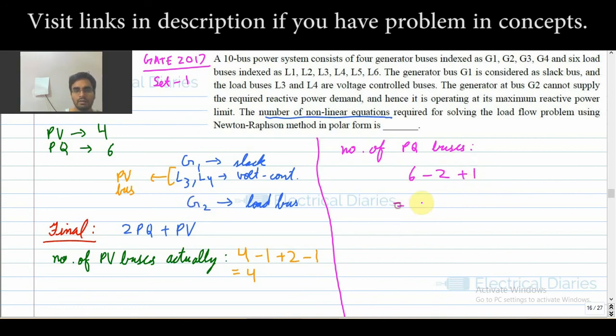So 6 plus 1 minus 2 gives 5. Now the order of the Jacobian will be 2PQ plus PV, so 2 into 5 plus 4, which comes out to be 14.